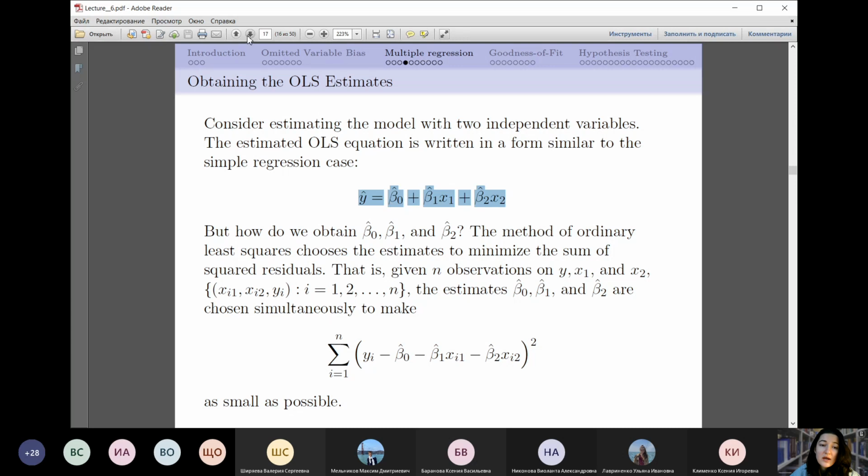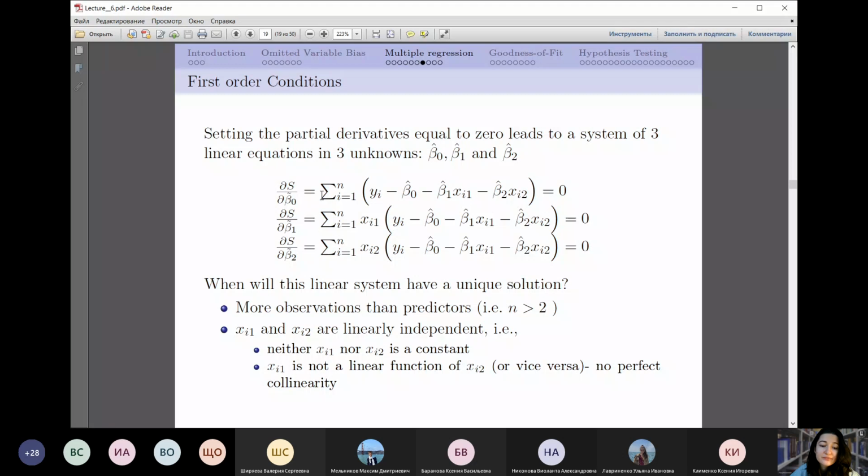So totally you need to take the partial derivative with respect to beta 0, this one. You need to take the second partial derivative with respect to beta 1, and you need to take the third derivative with respect to beta 2.